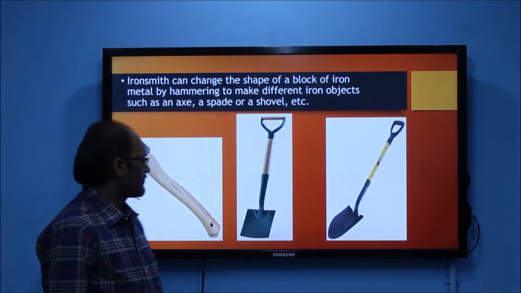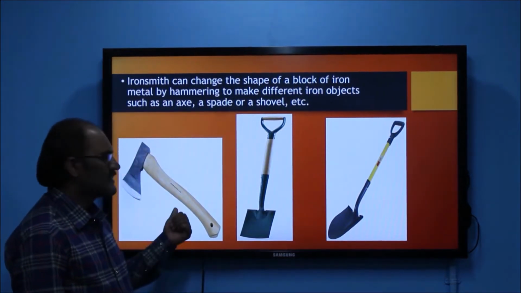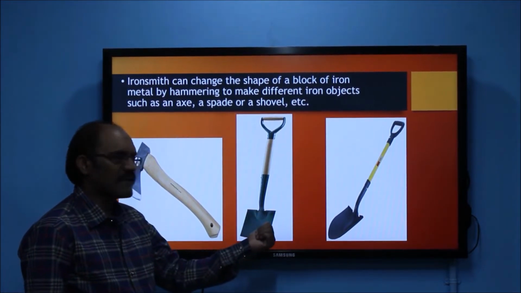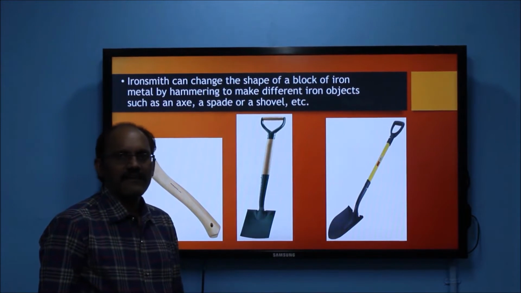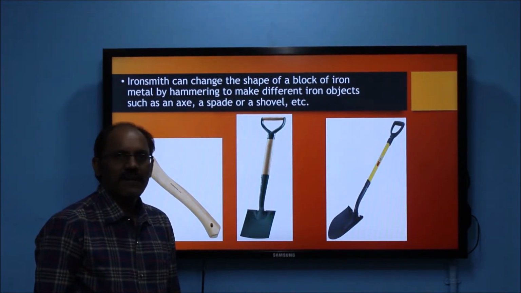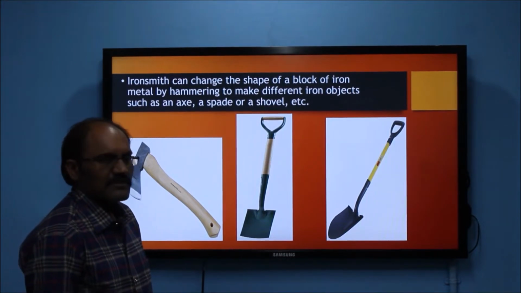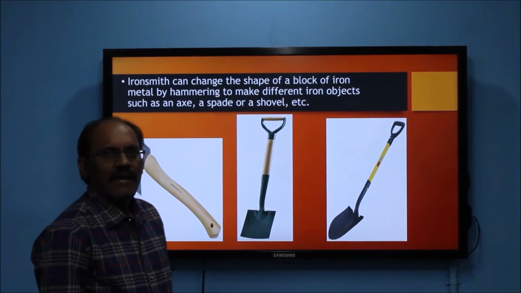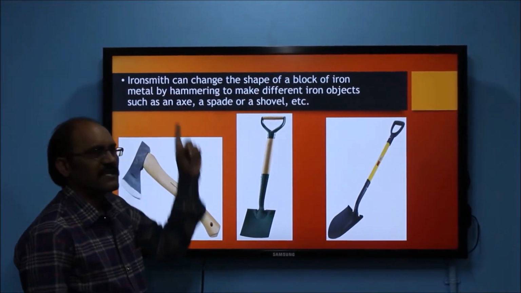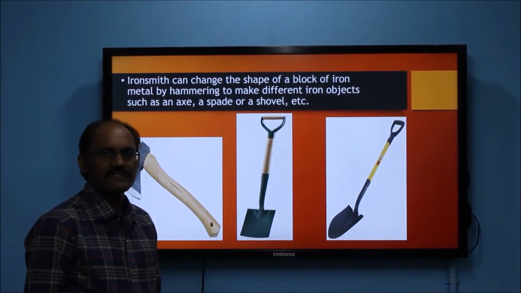And you know, children, these are the tools. This is an axe, this is a spade, and this is a shovel. These are all made of iron metal. Do you know which property of iron metal helps an ironsmith to make these tools?